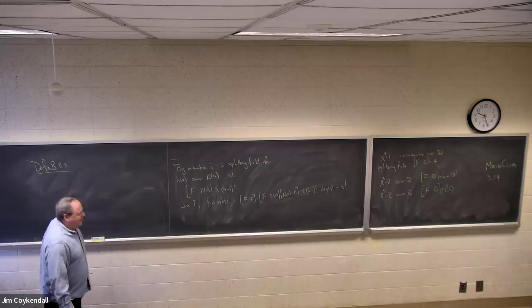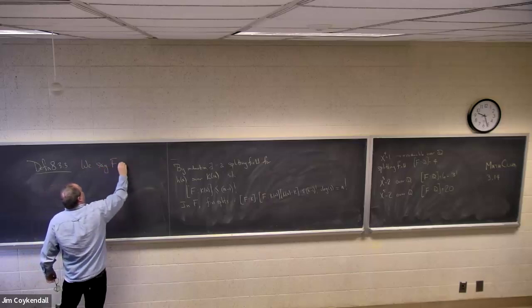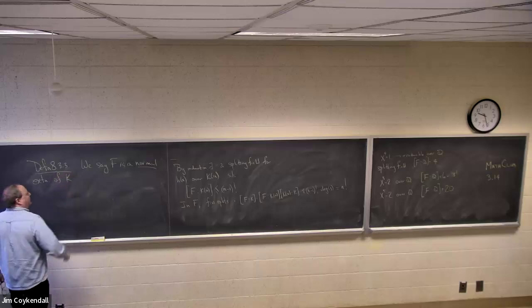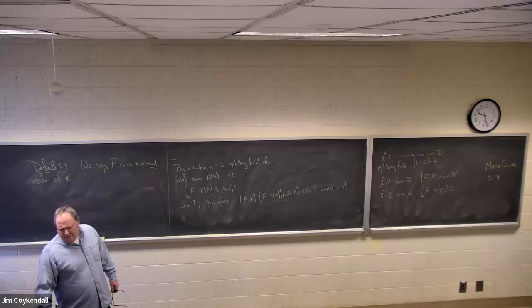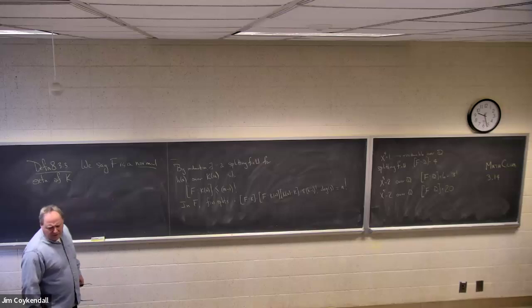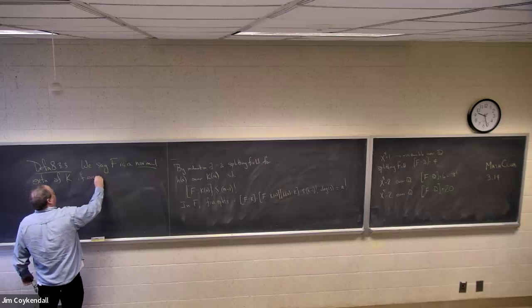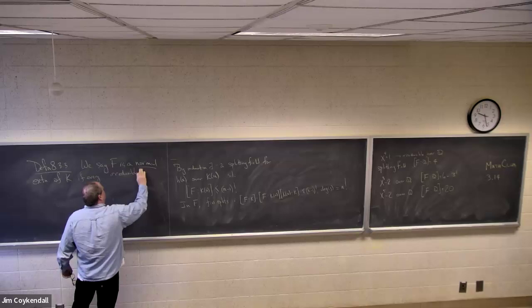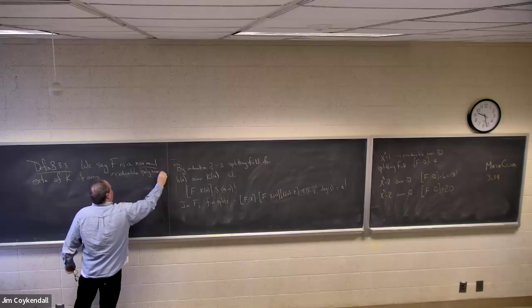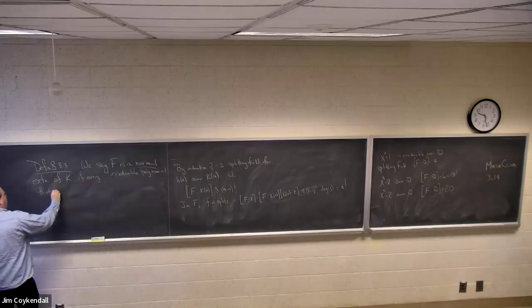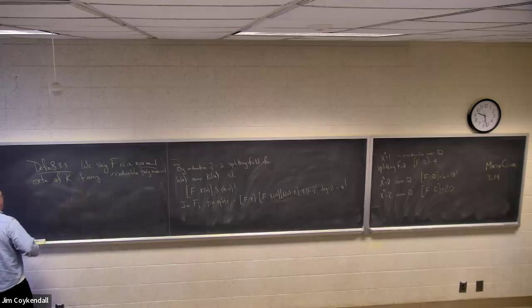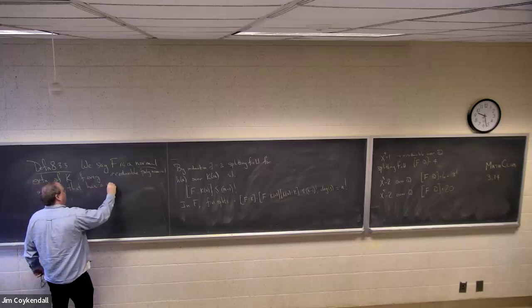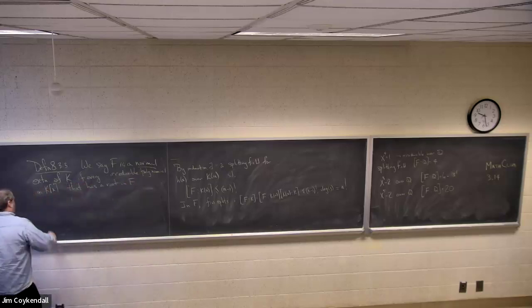We say that F is a normal extension of K if every non-constant irreducible polynomial in K[x] that has a root in F splits.